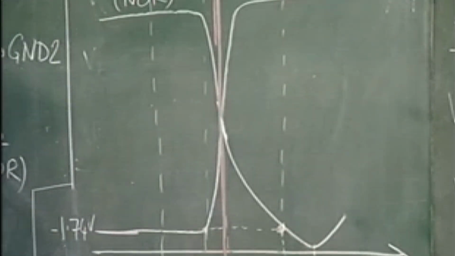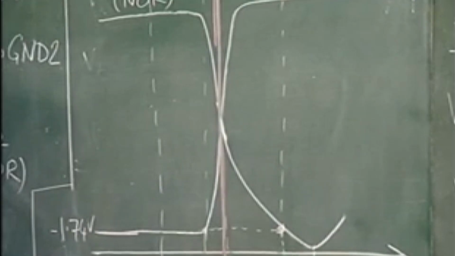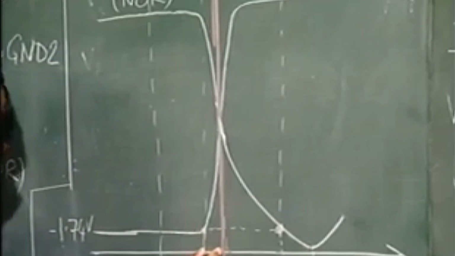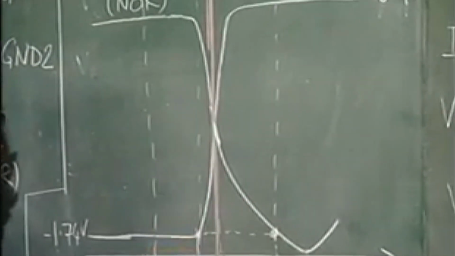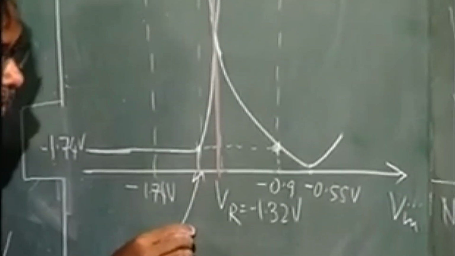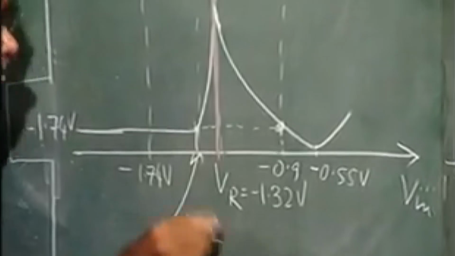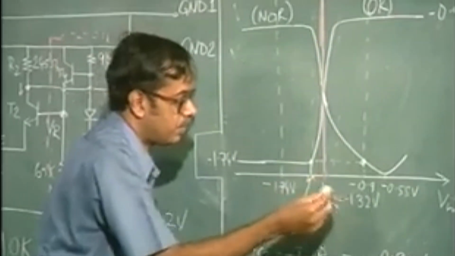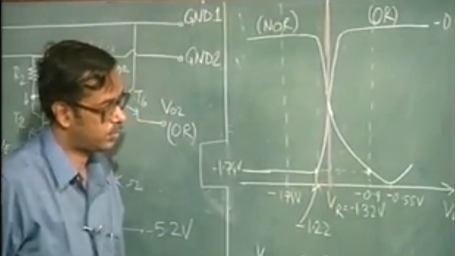Usually it is 0.75 as we had seen from our calculations, but for the worst case, because of the other drops in the base emitter, series resistance drops and all, this is usually taken to be 0.1 volts. So, if this is 0.1 volts, that means this is minus 1.22, and the other extreme is minus 1.42 on the other side.